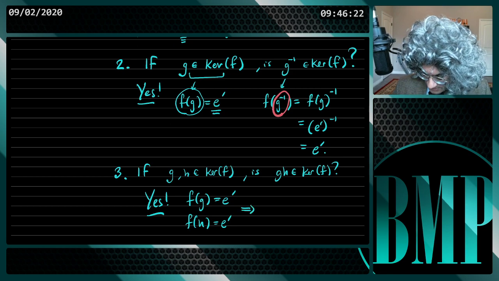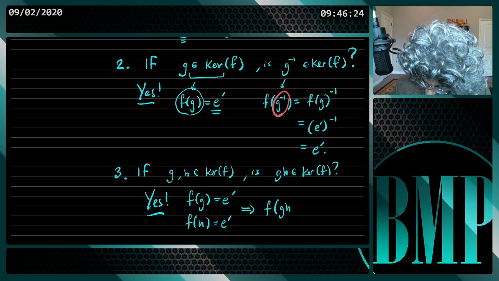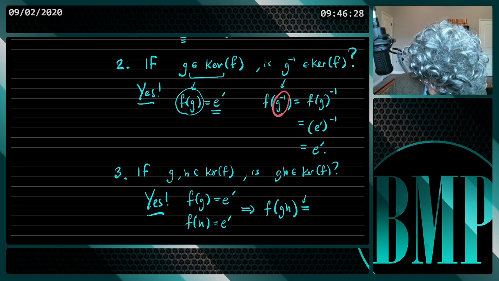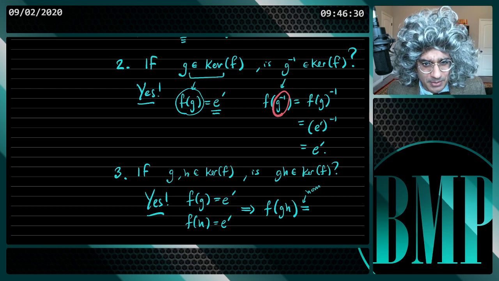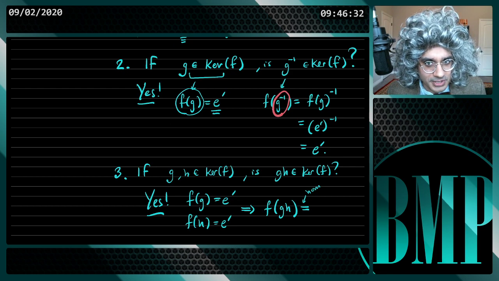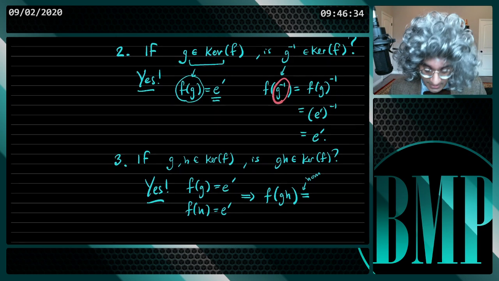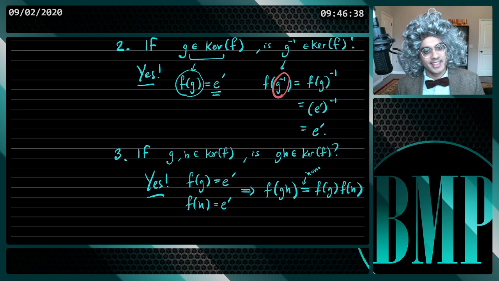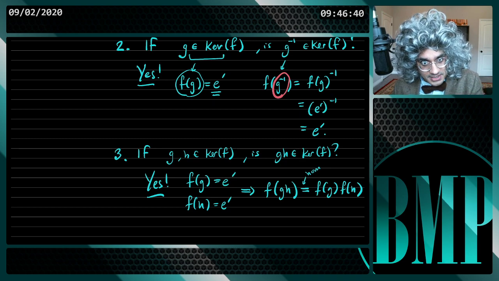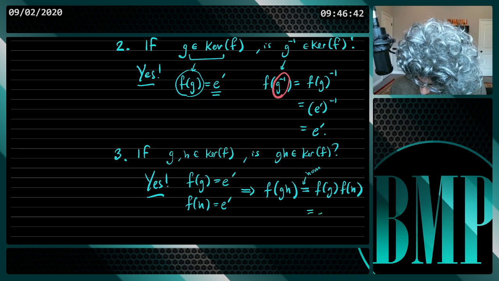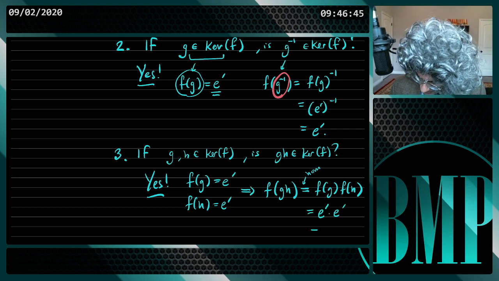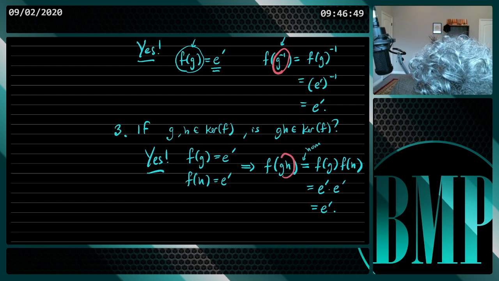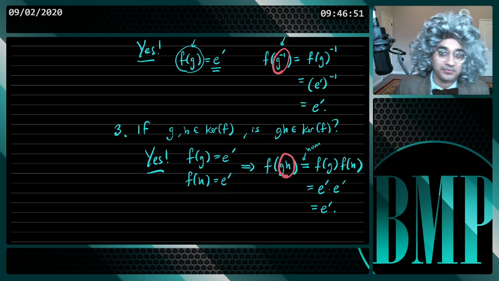That implies that f of g times h is, thanks to homomorphism, this is not some random function between two sets. It's a homomorphism. Very delicate. It allows us to do this. f of g times h is that product, which is, by hypothesis, e prime times e prime, which is e prime, of course. And so, indeed, the product remains in the kernel.